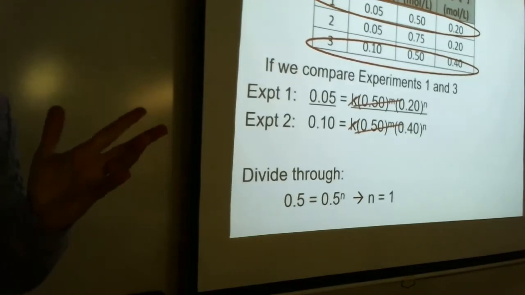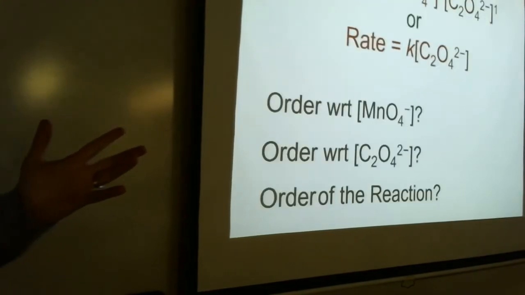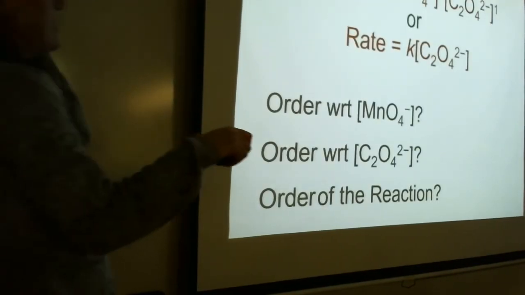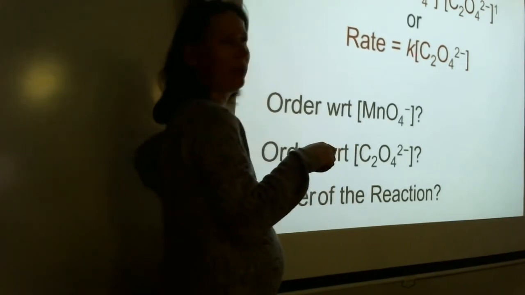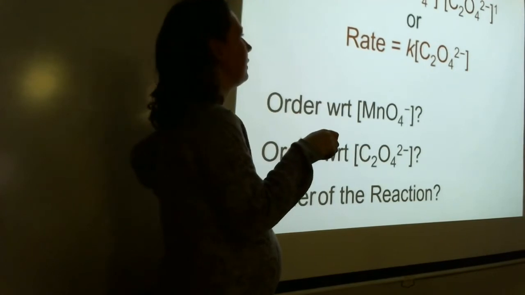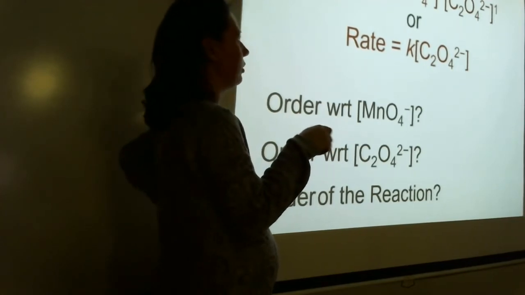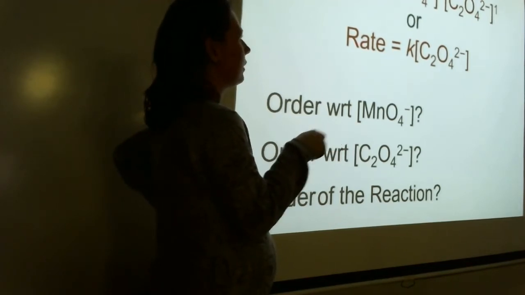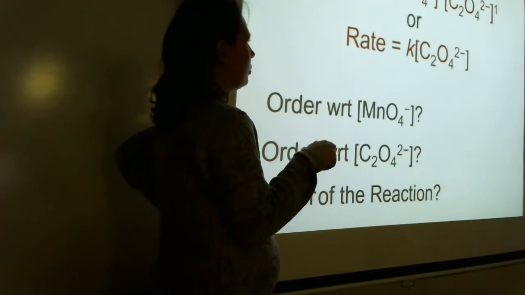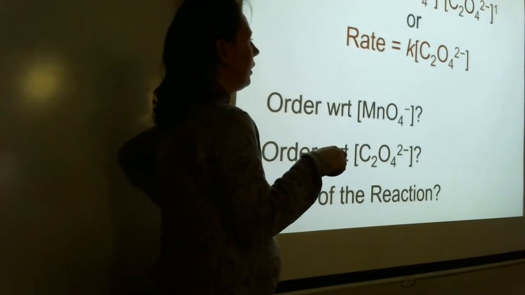Have I gone through this too quickly, first of all? Okay. So now, because this is 0 order, does it show up in my final answer? No, because anything to the 0th, whether it's some nasty algebra problem that you're reducing in 10th grade, or if it's just rate, anything to the 0th is 1, so it goes away. So rate is equal to K times the concentration of oxalate to the first.